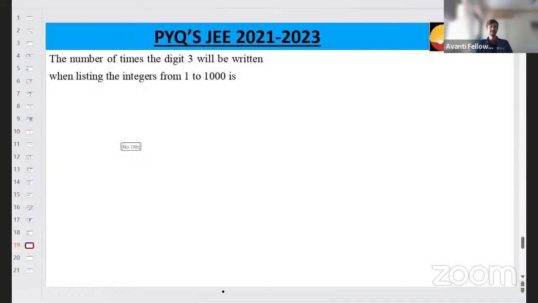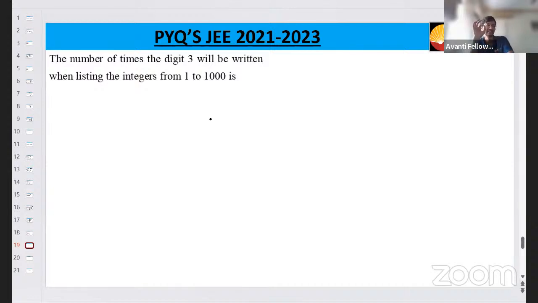So this question is pretty good, I will say. What does it say? The number of times the digit 3 will be written when listing the integers from 1 to 1000. Now, actually in 1 to 1000 we have 1 digit numbers, 2 digit numbers and 3 digit numbers.